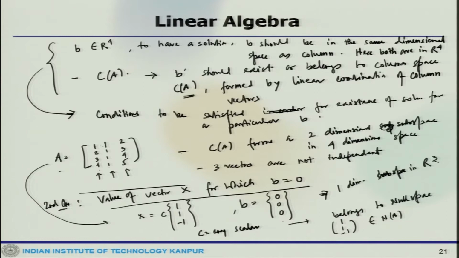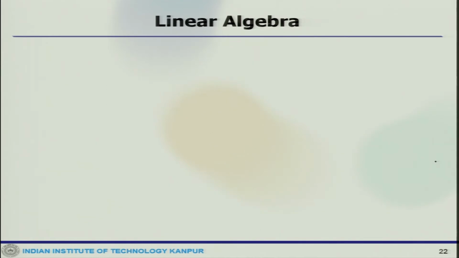Now, keeping the same example in mind, let us say our b is 1, 2, 3, 4. Then the possible solutions could be 1, 0, 0, that is one possibility, or it could be 0, minus 1, plus 1.